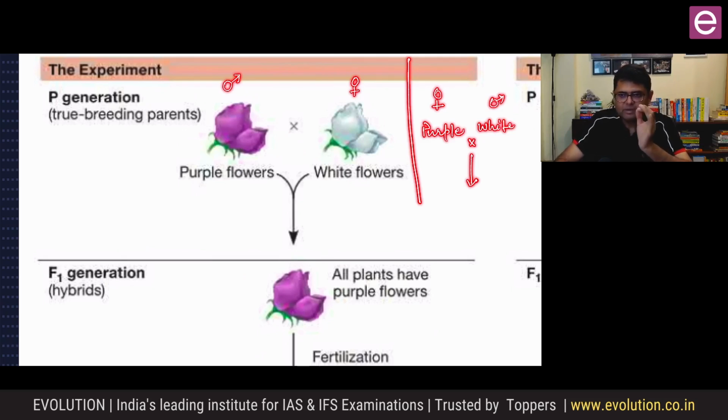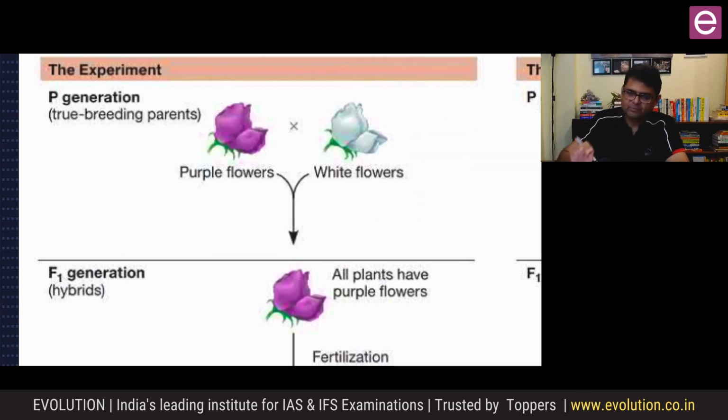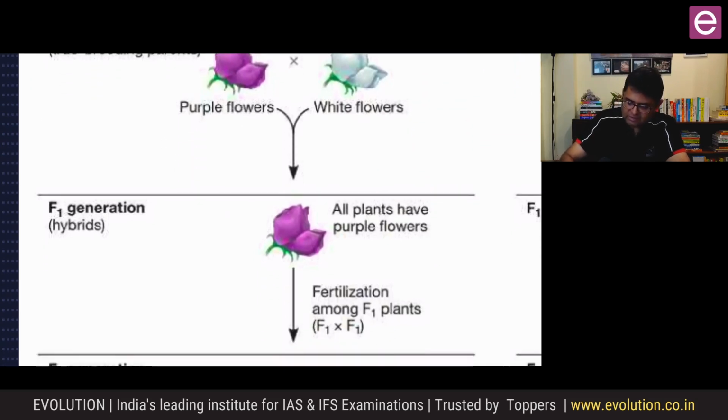This kind of experimental setup is known as what? Reciprocal crosses. And Mendel was careful enough to carry out reciprocal crosses. But well, when these flowers were crossed with white, in the F1, all the plants had purple flowers, right?